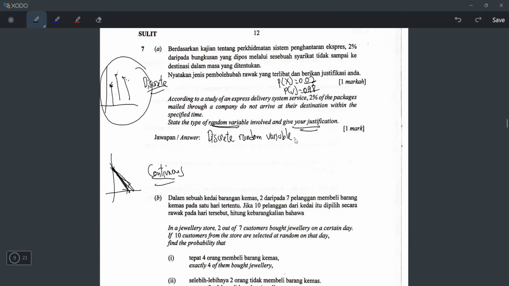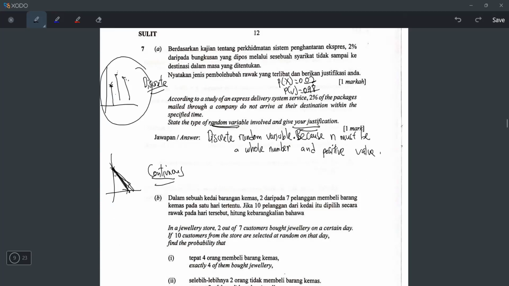And they ask you to give a justification. So what's the justification? We can say that n must be a whole number and a positive value. Because n must be a whole number, it cannot be like 2 point something or 3 point something.